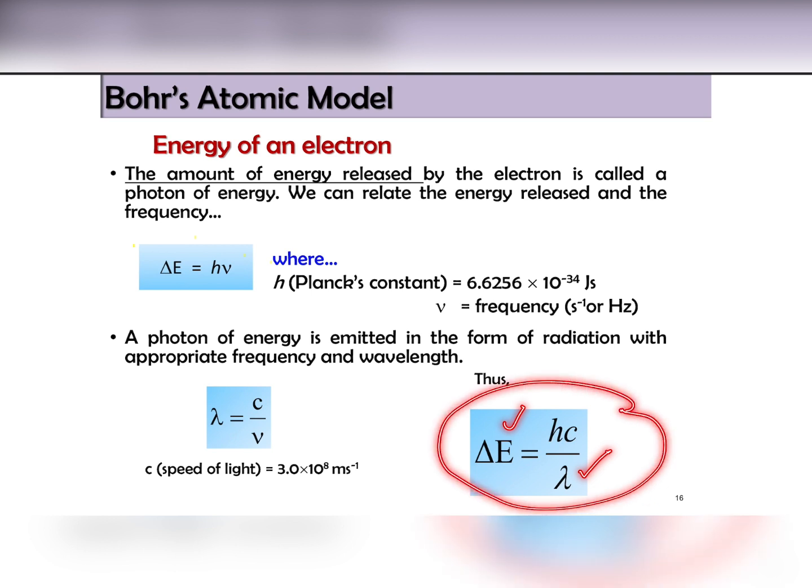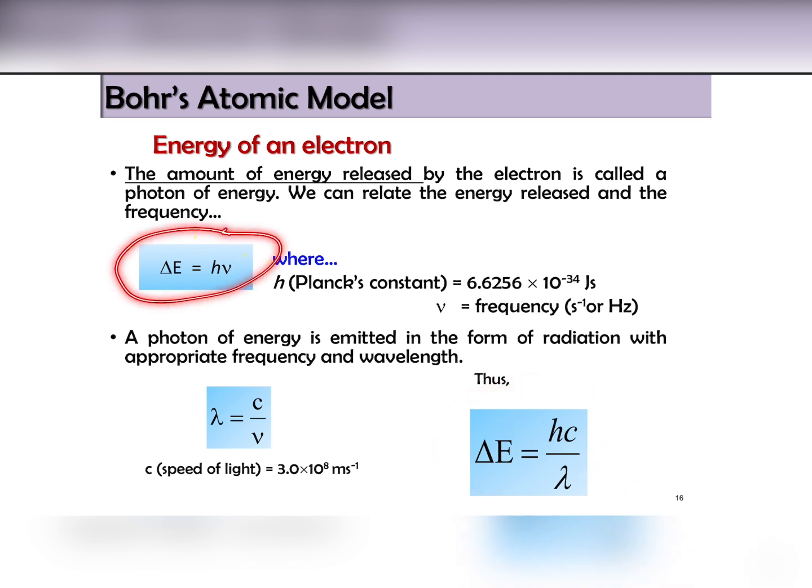Okay, ataupun kamu boleh guna this formula dulu and then rearrange masuk dalam this formula lambda equals to C over V. So whichever method pun boleh lah. So ini adalah formula yang ketiga. Ini yang keempat kamu kena tahu. Okay, either one lah, salah satu, sebab dia benda yang sama sahaja.